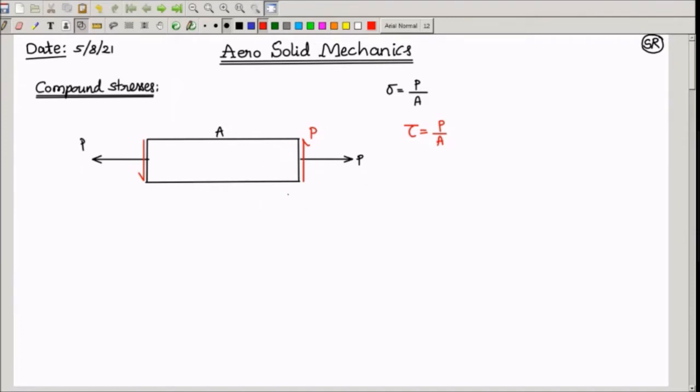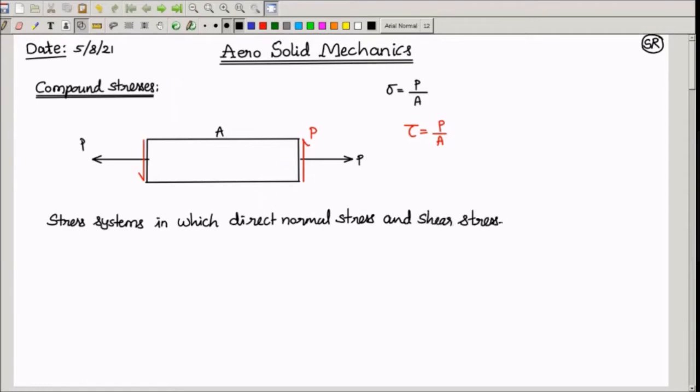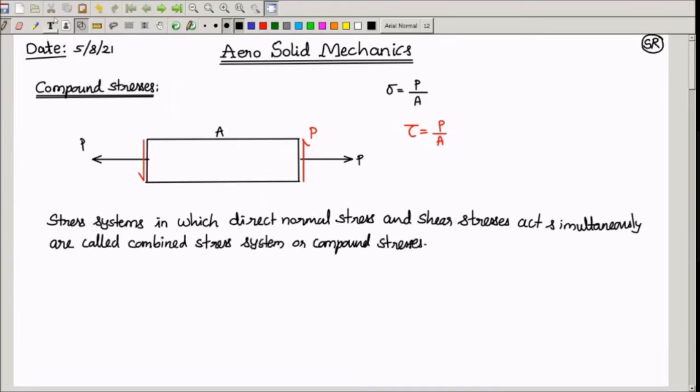Such systems are called compound stresses or combined stress systems. Stress systems in which direct normal stress and shear stress act simultaneously are called combined stress system or compound stress system.